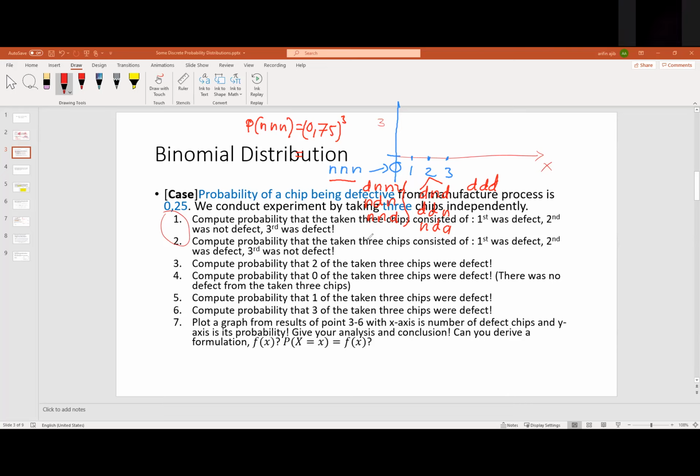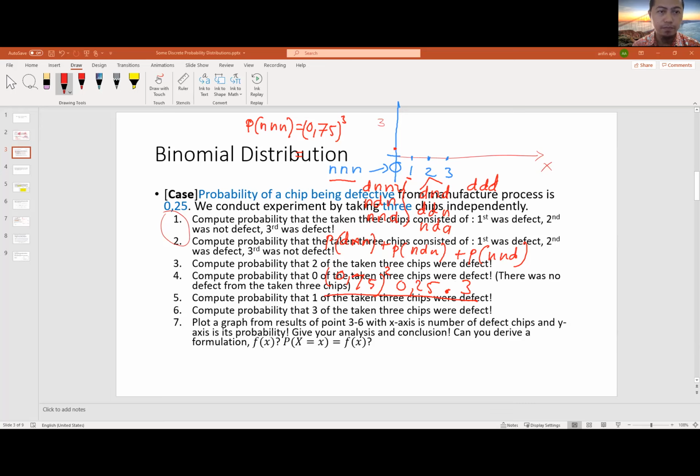How about the 1? Sorry, I mean the one for x equal to 1, P(1) is equal to the probability dnn plus probability ndn plus probability nnd. It is 0.75 power by 2 multiplied by 0.25 times 3, because 3 times. Is it okay? Yes, sir. Everybody got it?